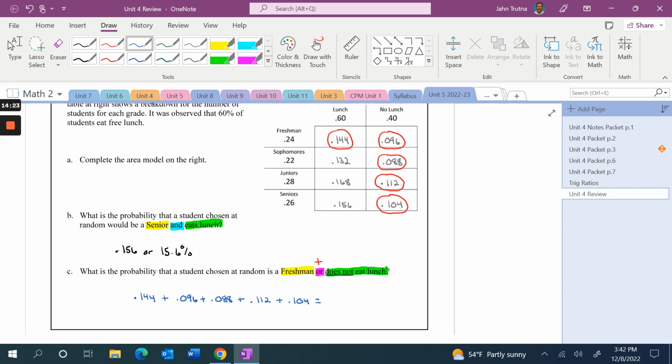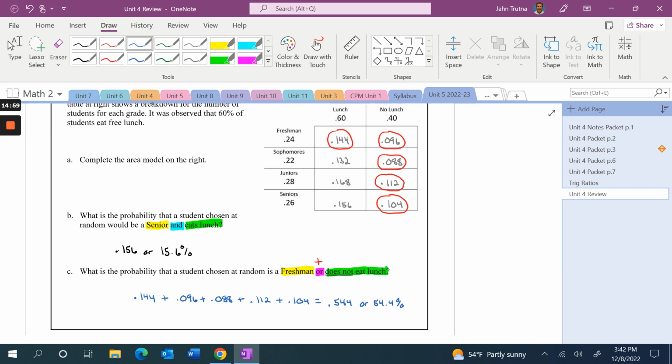Adding all those numbers up, I'm just going to quickly do it off screen on my calculator. On the last one, you should get an answer of 0.544, or 54.4%. So that would be the probability of a student chosen at random being a freshman or a student that does not eat lunch.